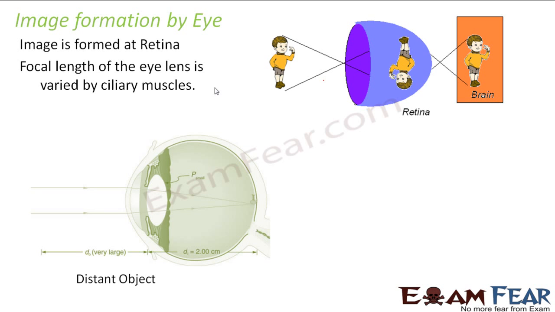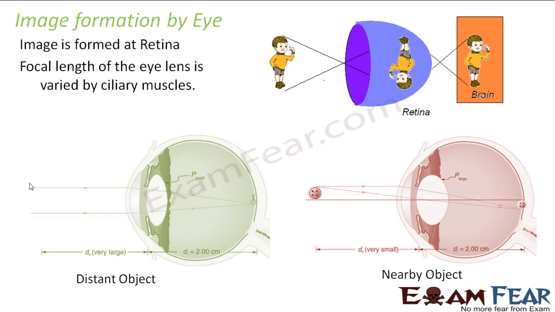Now what happens to the eye lens when it views a distant object? Let us suppose I am viewing a very distant object, that means the object is located at infinity, right? When the object is located at infinity, where is the image formed? The image is formed at focus.